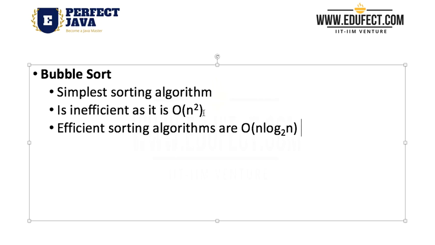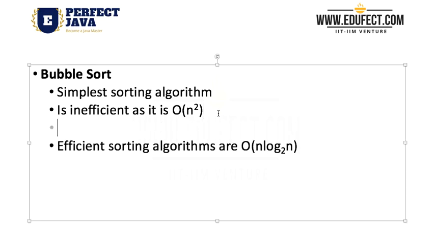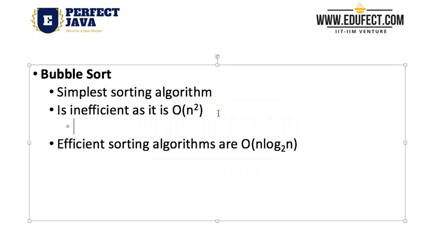Okay. Why is it order n square? Because we compare the terms. So if you want to answer it, in the first pass we will do n minus 1 comparisons. Then in the second pass we will do n minus 2 comparisons. In the third pass we will do n minus 3 comparisons, and so on till we do one comparison. So what is this? This is the sum of the first n minus 1 numbers. Now the sum of the first n numbers is n into n plus 1 by 2.